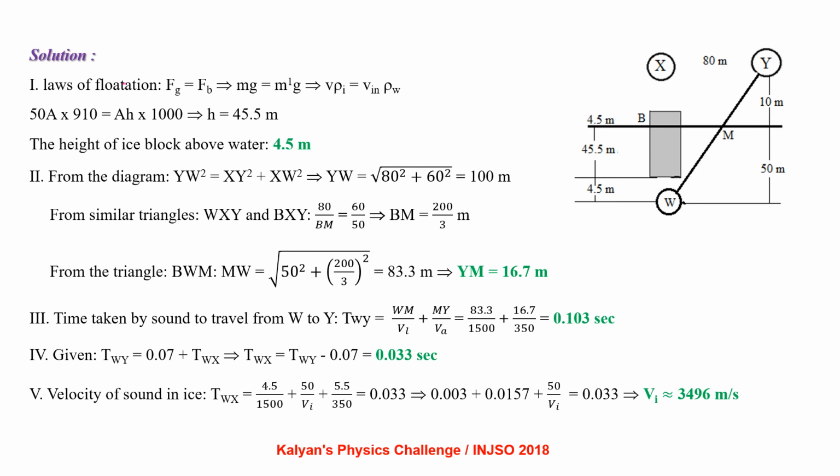Time TWX equal to 4.5 by 1500 plus 50 by velocity of sound in ice plus 5.5 by 350, that is 0.033. Upon simplification, we have velocity of sound in ice to be approximately 3496 meter per second.